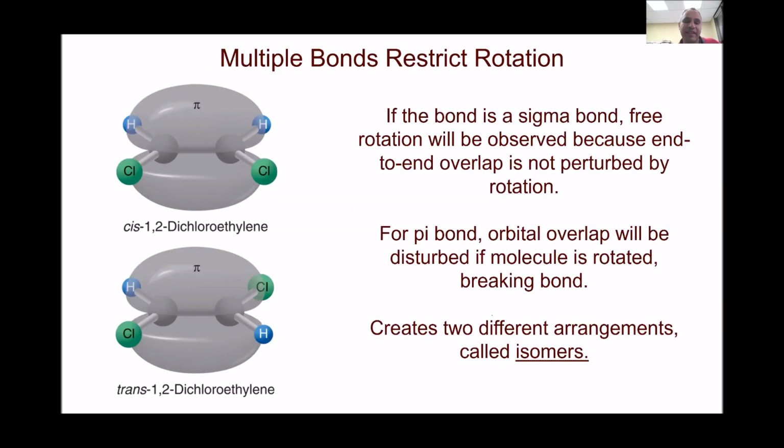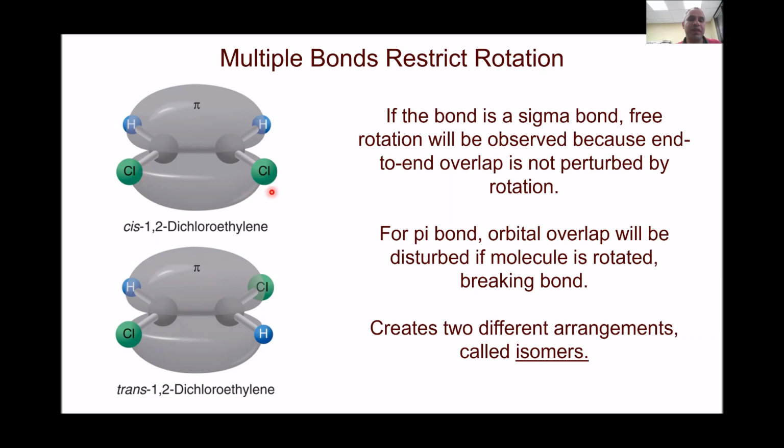And the fact that the pi bond prevents rotation around the carbon-carbon bond in ethylene causes the possibility of having two isomers of the same molecule, two molecules with the same composition, but with two different orientations of the substituents.